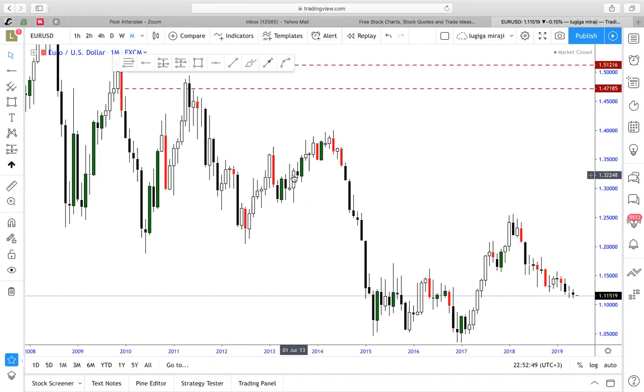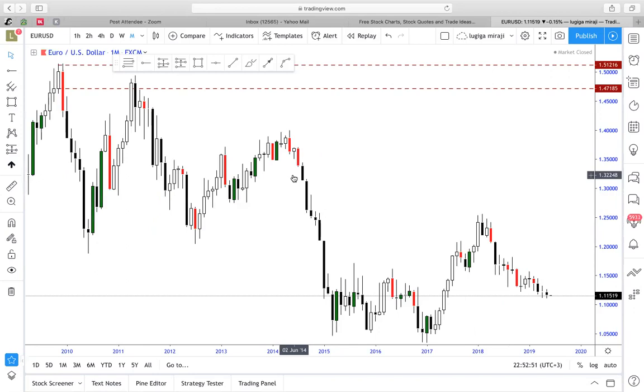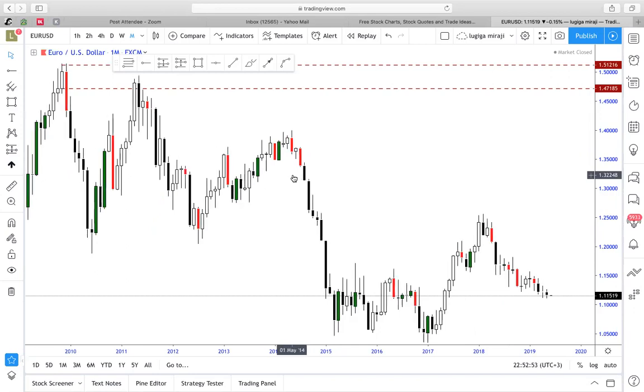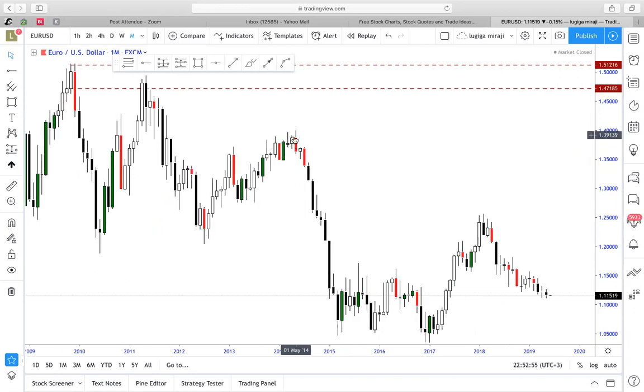So price rose, and once it rose up, we had a bearish engulfing candle. So I'm interested in all this level here.